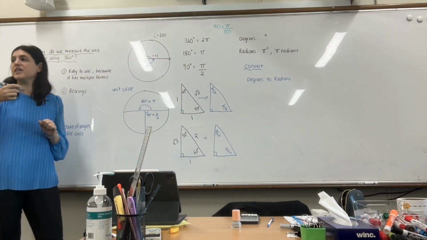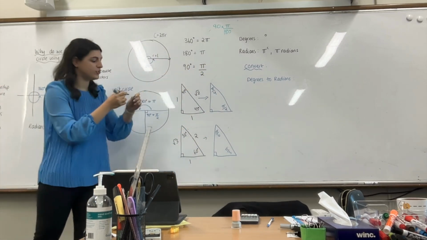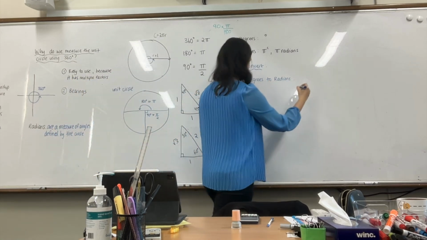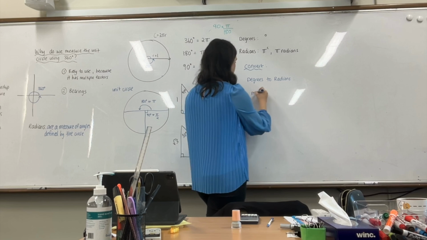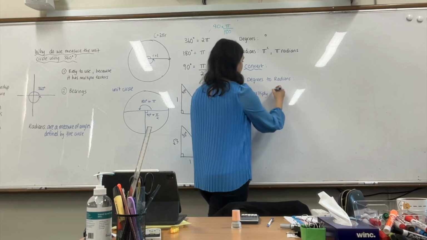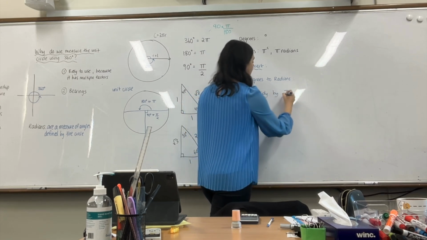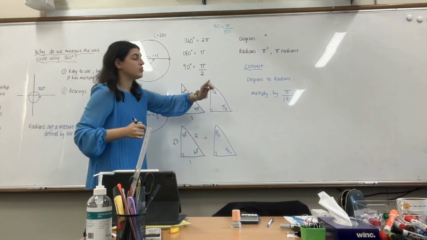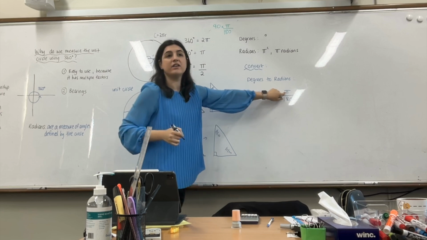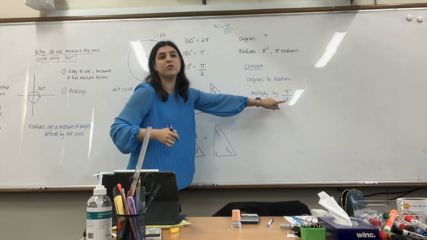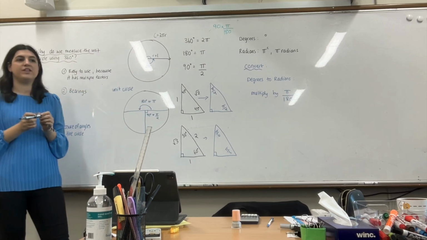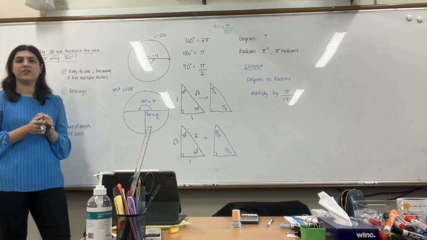Notice I kept referencing 180. So when you convert degrees to radians, you multiply by pi over 180. By doing so, you introduce pi, and then by using 180, you're trying to understand how many times that number fits into 180. Is that okay?